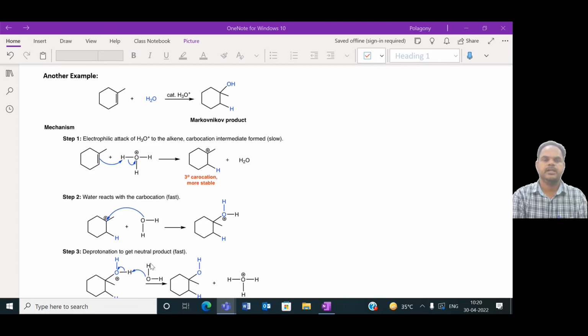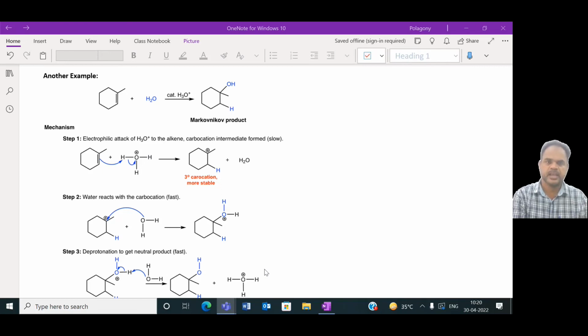The proton is taken by the water molecule, and the water molecule changes into the hydronium ion again. So this hydronium ion is the proton of the acid, that means the acid catalyst is reproduced back.